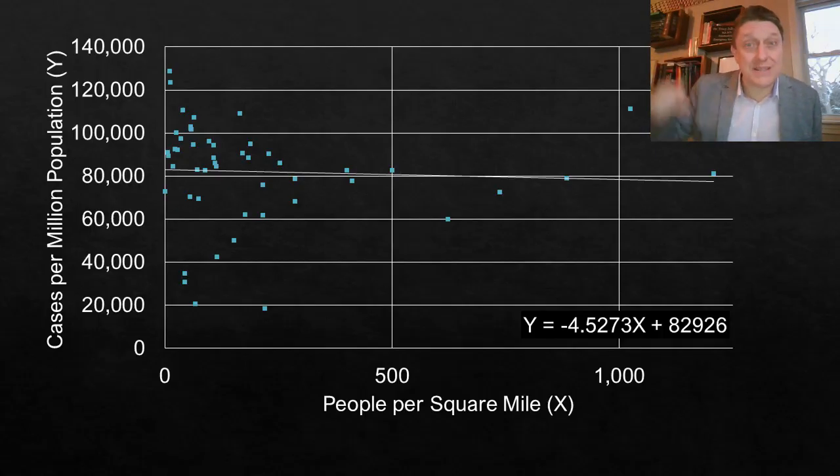But that's not what's happening here. What we actually see is the opposite. Now, that might be frustrating to you if you were a person who thought, yes, when people are spread out, they're not going to get COVID as often.